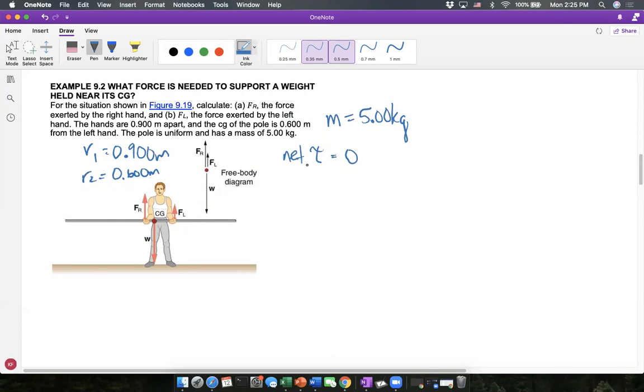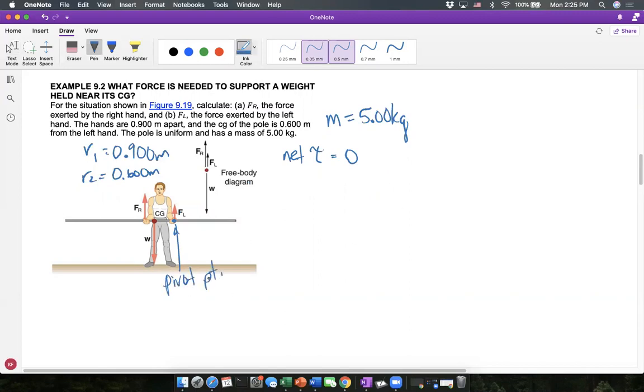Also we need to pick a pivot point. So I'm going to go ahead and pick my left hand as my pivot point. Okay, so this is my pivot point.